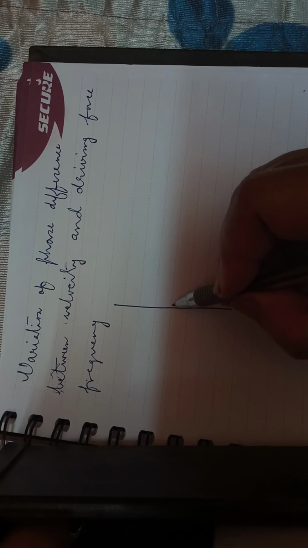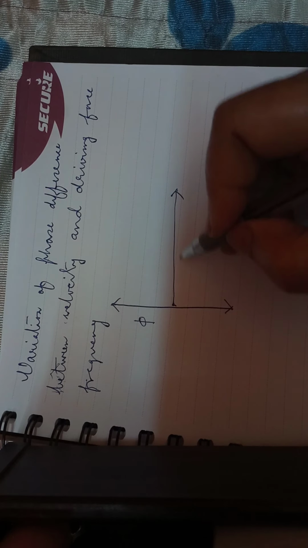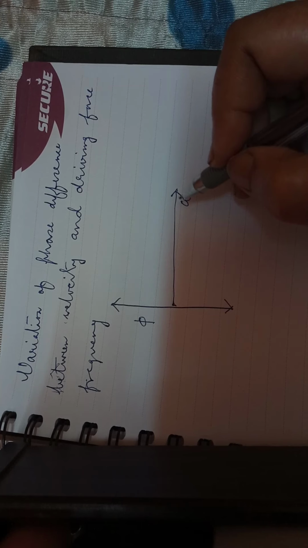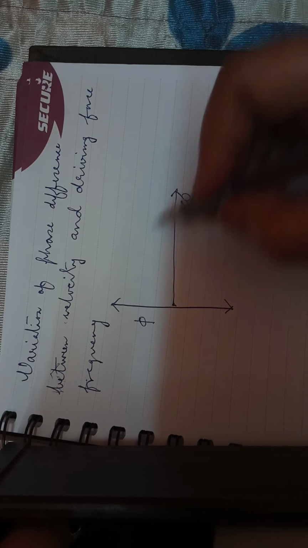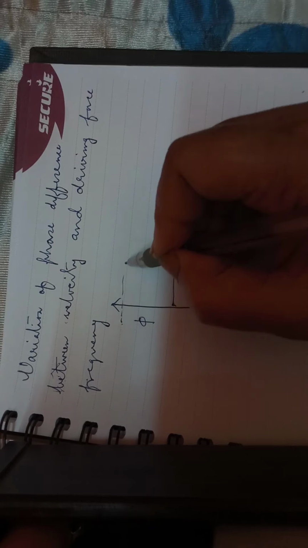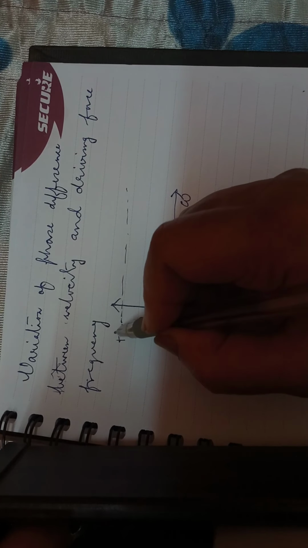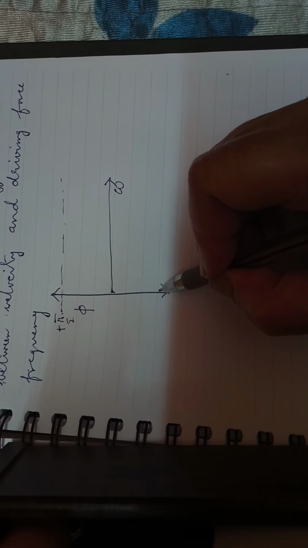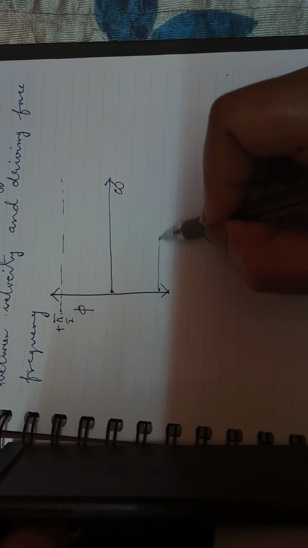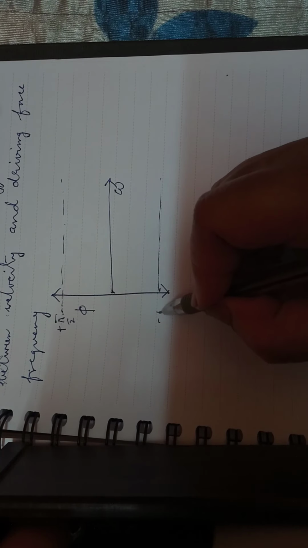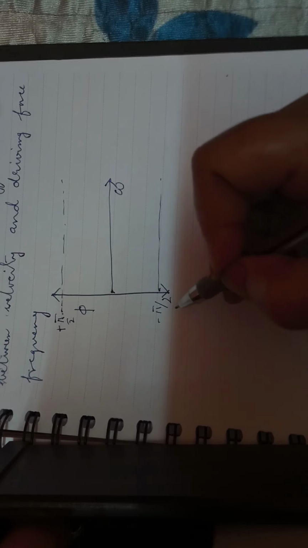If this is your phase angle phi, and suppose this is your omega, then this phase angle actually varies from the velocity leading by plus pi by 2 to lagging by minus pi by 2 with the variation of omega.